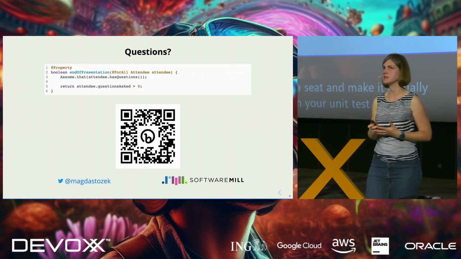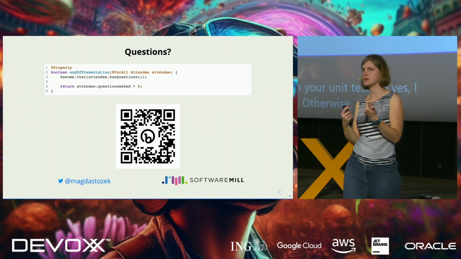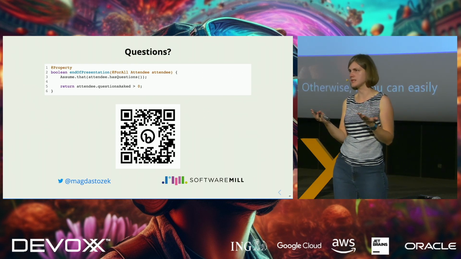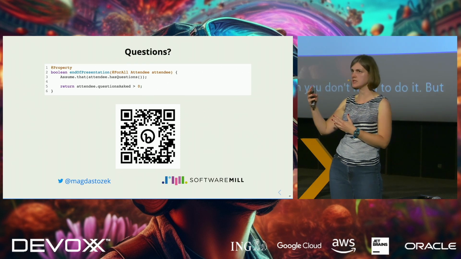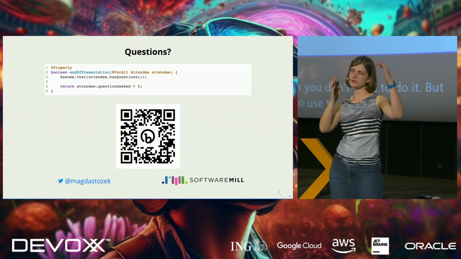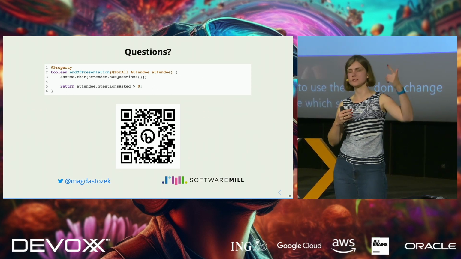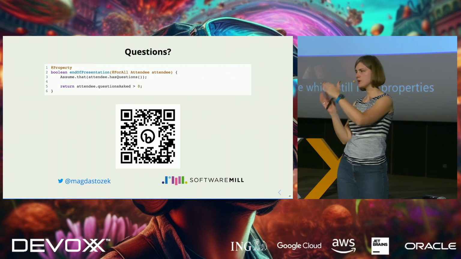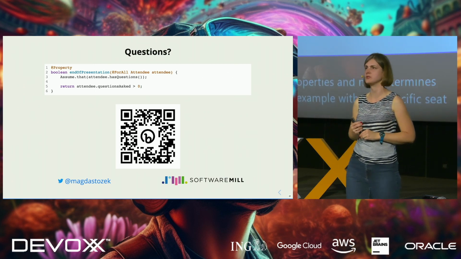Yes, I think it's quite a good idea. Otherwise, if you can easily turn it into a normal unit test, then you don't need to do it. But maybe it's actually easier for you to use this seed, don't change anything, and apart from this suite which still runs properties and non-determinism and so on, have one pinpointed example with this specific seed and just have it forever in your suite.